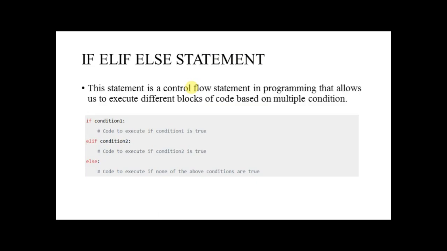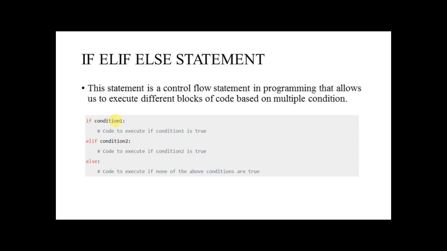So let's go to the second one, the if elif else statement. What is different between if else and if elif else is that in the if elif else statement we can give many conditions. Apart from a single true or false, we can give nested conditions. If condition one is true, then it will run the code inside the if block.